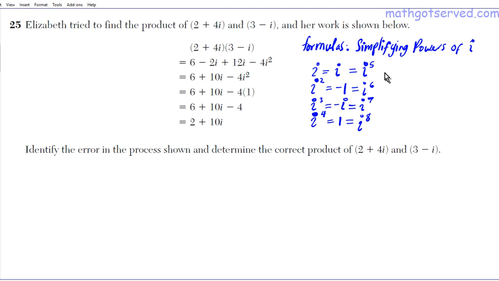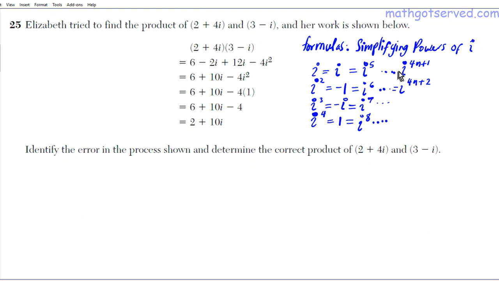So basically, if you continue, the general pattern is as follows. For any power of i that can be written in the form i to the 4n plus 1 reduces to i. Okay? If you have i to the 4n plus 2, it reduces to -1.